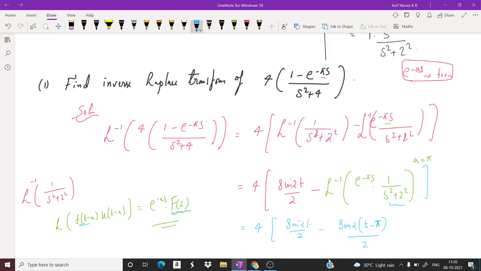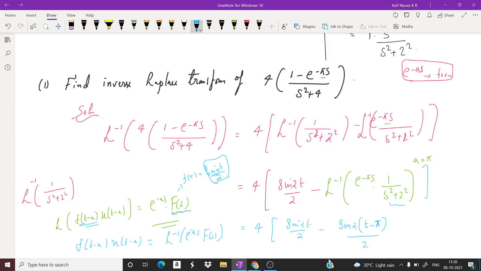Yes. That is f of t minus a, because here f of t is sin 2t by 2. So if you take the inverse Laplace transform, f of t minus a into u of t minus a is equal to L inverse of e raised to minus a s f of s.